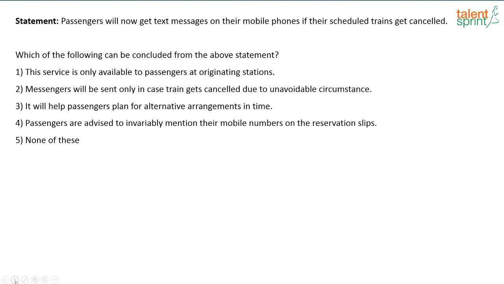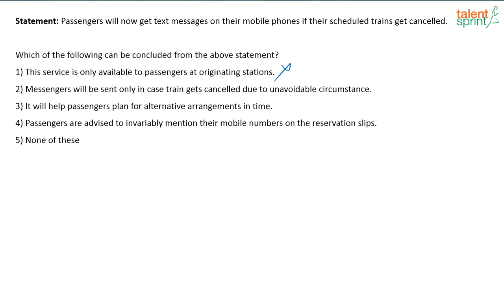First option says, this service is only available to passengers at originating stations. Is anything about originating stations mentioned in the given statement? No, there is nothing like that. It is just mentioned that if your train is cancelled, you will get a message. So the first option does not follow.